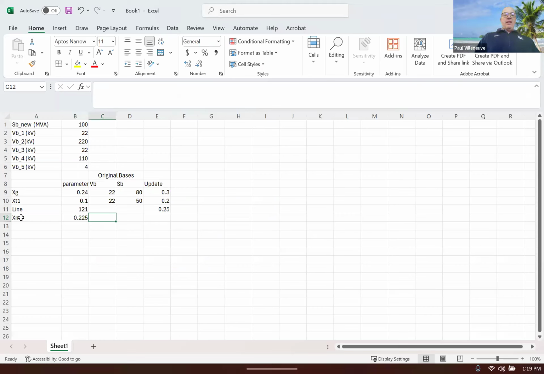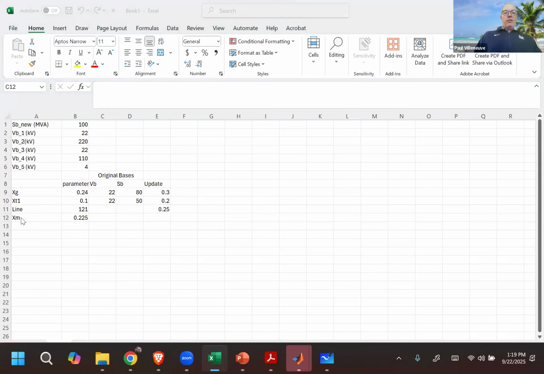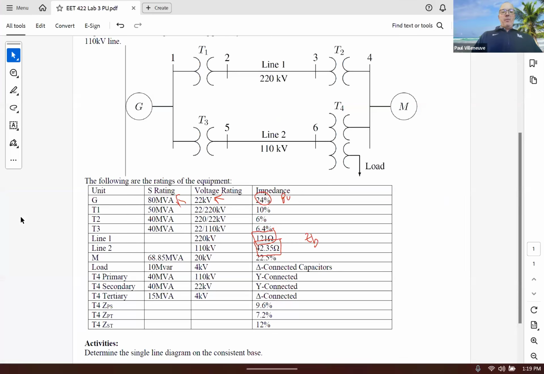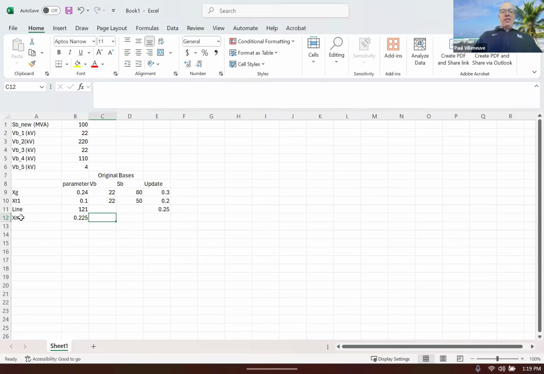The V base for the motor is 20 kV. Uh-oh, so this has to be corrected, right? We can see that it's not matching the V base in that region, but by using that standard formula, that's okay. It automatically will correct for any voltage that is different. So we're no problem there.